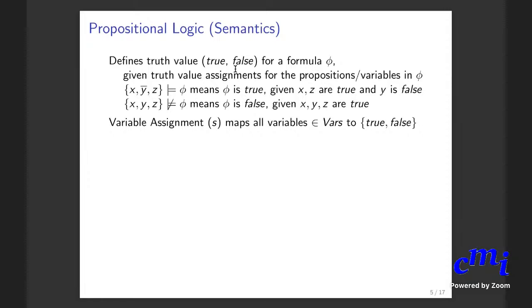So we need to define what the truth values of 1 and 0 are. 1 and 0 and true and false are technically distinct, and that distinction is deliberate. We will define what the truth values of the proper formulas 1 and 0 are, what their meanings are, in the semantics.